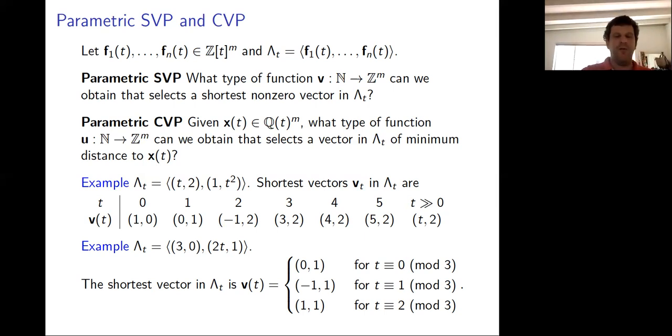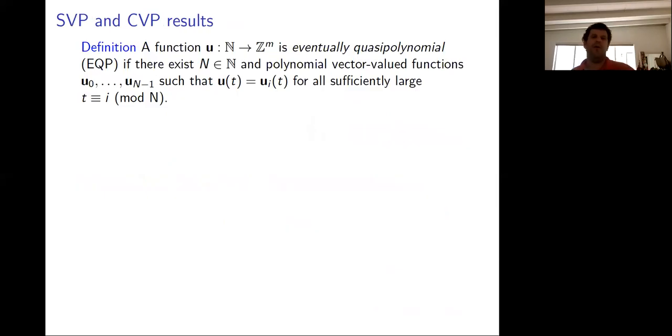So we need a class of functions that includes these eventual polynomials and also includes periodic functions. The most natural, or minimal, class of functions that contains both of these behaviors is the class of eventual quasi-polynomials.